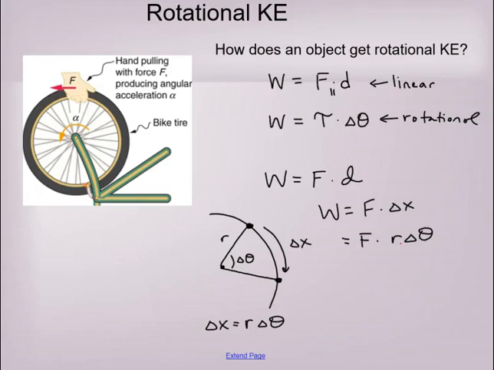Well, F times r, which would be perpendicular to one another, is going to give me torque. And now I have torque times delta theta. So this is showing you how work in the rotational world is found by taking the torque times the delta theta, the delta theta through which that torque is being applied.